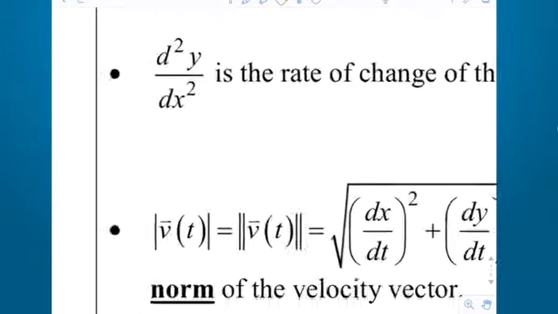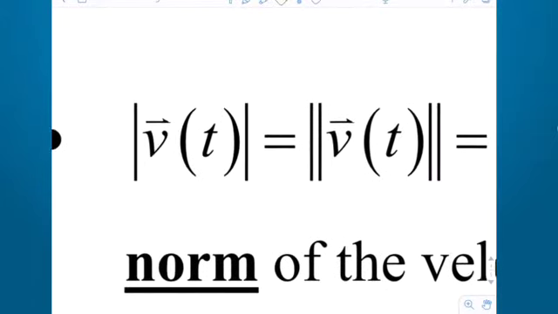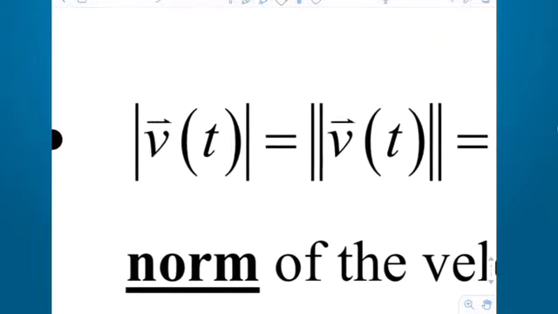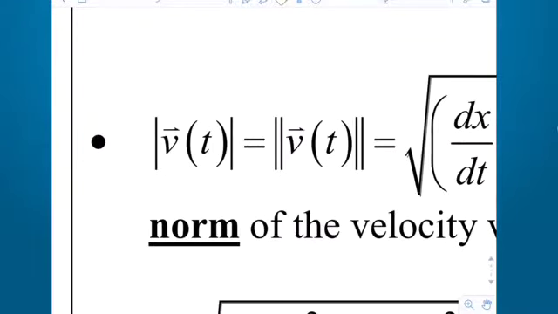Not necessarily. That looks a lot like absolute value, and you can think of it as an absolute value because it still gives you the speed, but it's actually called the norm, which gives us what we call the magnitude of the velocity vector. Sometimes you might see it written with a double absolute value symbol because it's not really the absolute value. It's going to be a single number that represents the speed of the object.